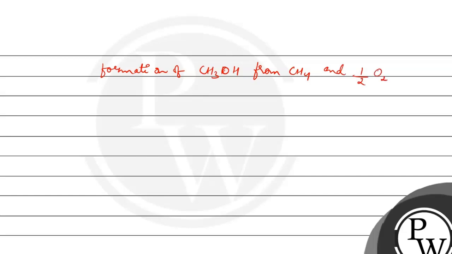So this is the reaction given. Since the reaction is exothermic, because delta H is less than 0, that means the formation of CH3OH from CH4, this reaction will release energy.